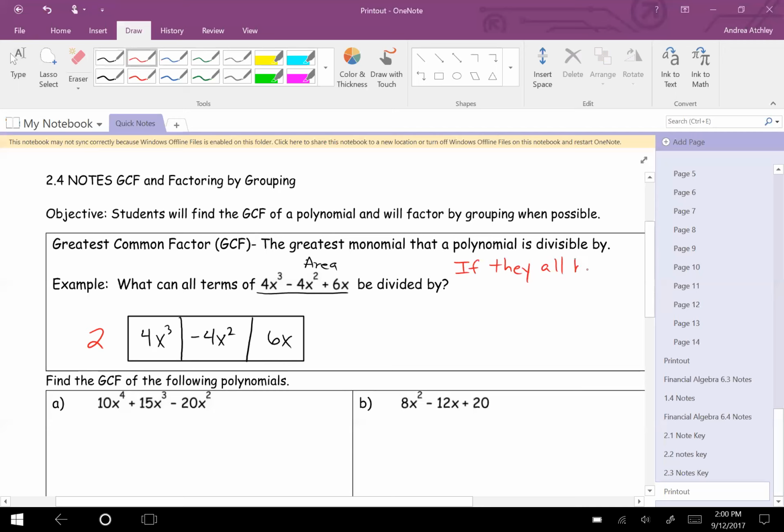If they all have the same variable, then you divide by the biggest or the smallest exponent.